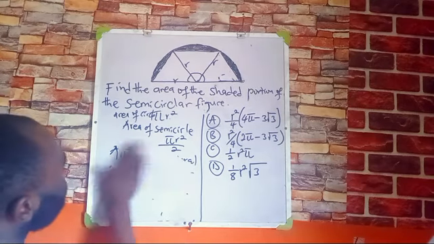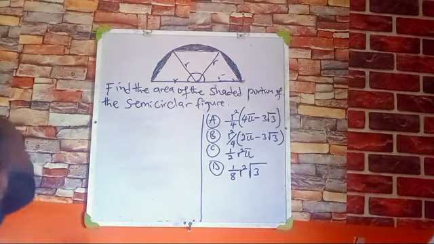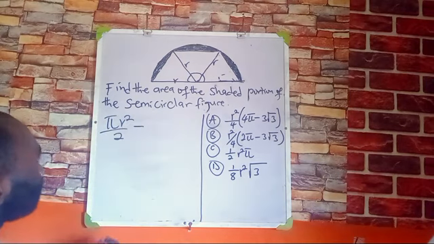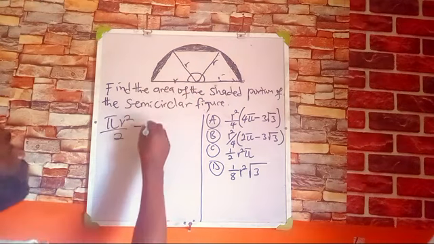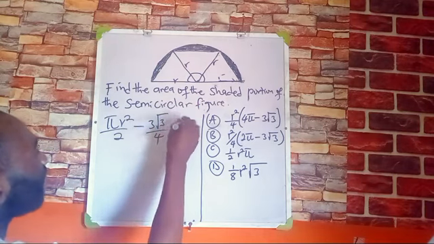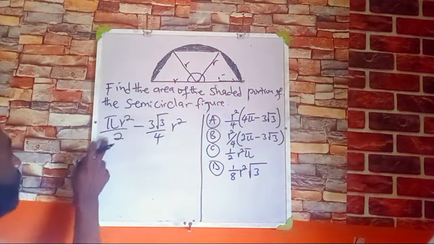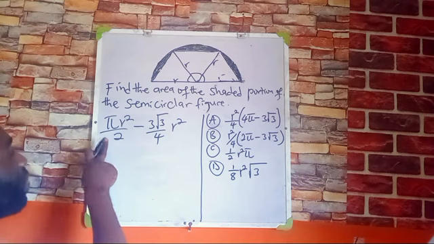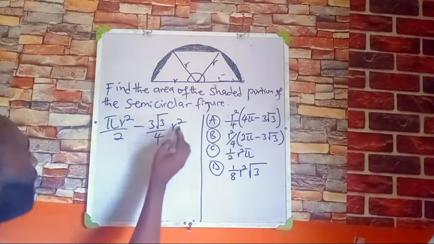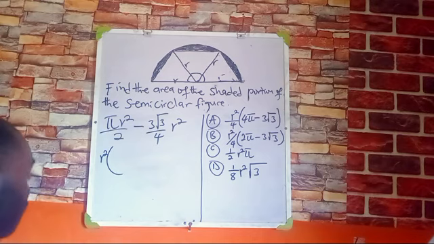So let's start, guys. Since we know that the area of a semicircle is pi r square all over 2, and the area of the equilateral triangle is square root of 3 all over 4 r square, and there are 3, we are subtracting these three from the area of the semicircle. Let's factor r square outside, since it's common, we take it out from each term.